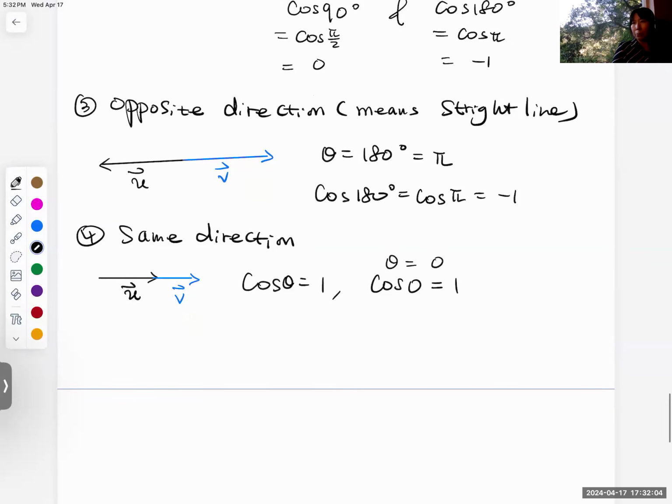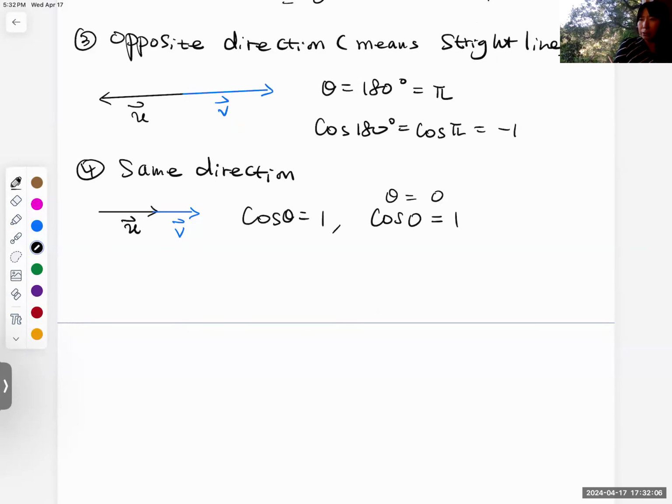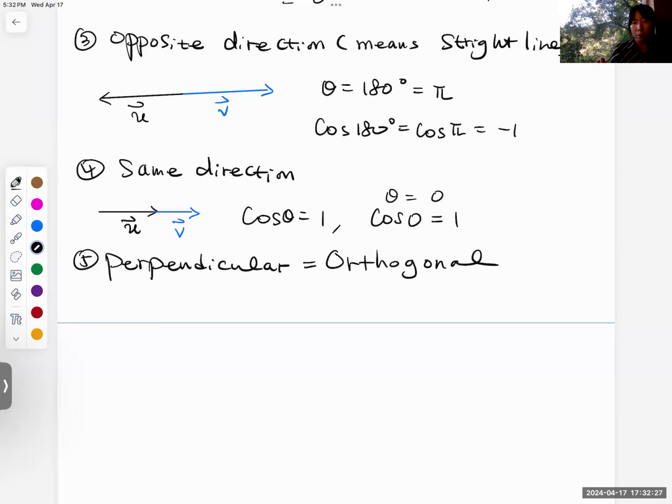All right, now perpendicular, number 5. Perpendicular we learn from the algebra course, right? But in a more advanced course we call it orthogonal. When you hear the word orthogonal, it's the same as perpendicular.